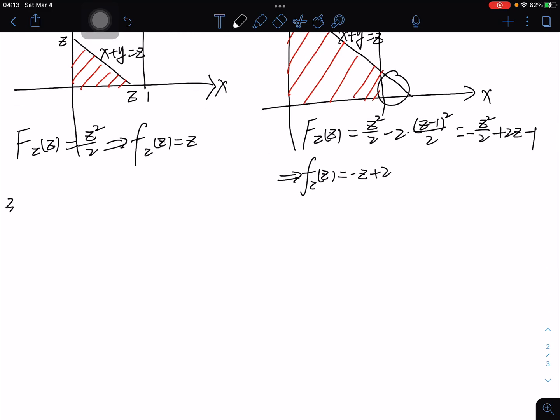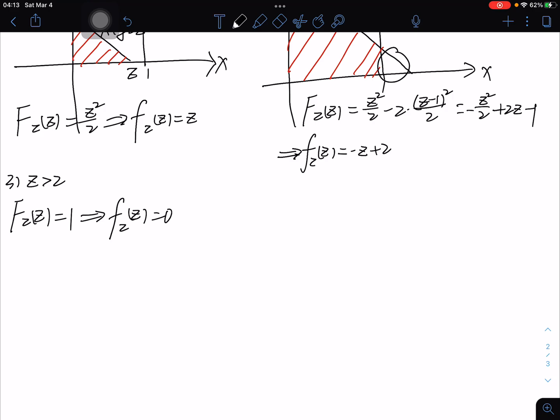The third situation, z larger than 2. In this situation, of course, F_Z(z) equals 1 and f_Z(z) is 0. So in this way, we can still get the function like that.